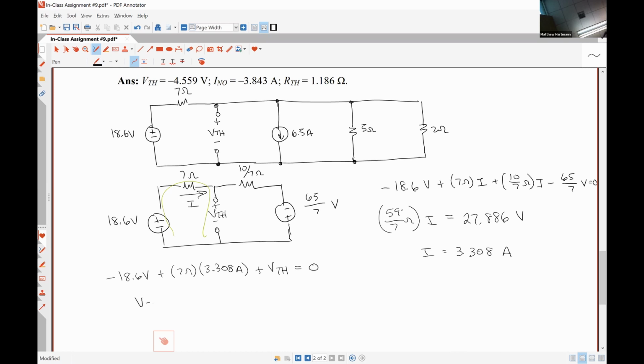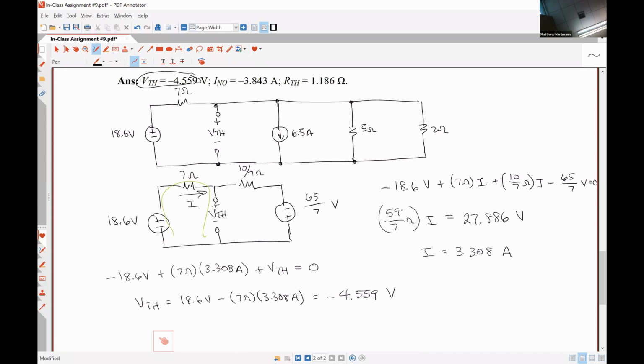So that means that VTH is 18.6 volts minus 7 ohms times 3.308 amps, which is negative 4.559 volts. So that answer does match what we were supposed to get. There's nothing remotely wrong with that thought process. However, it is not the most efficient way to solve for the Thevenin voltage.